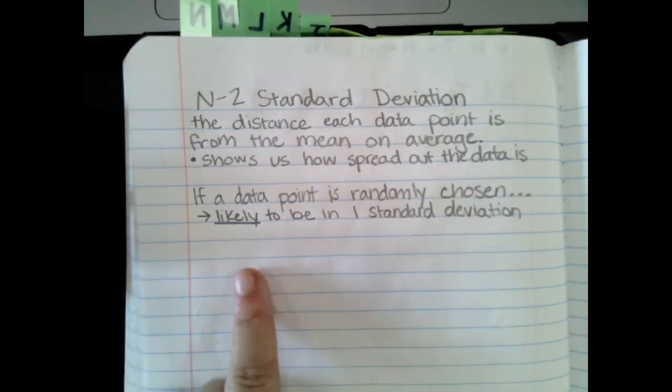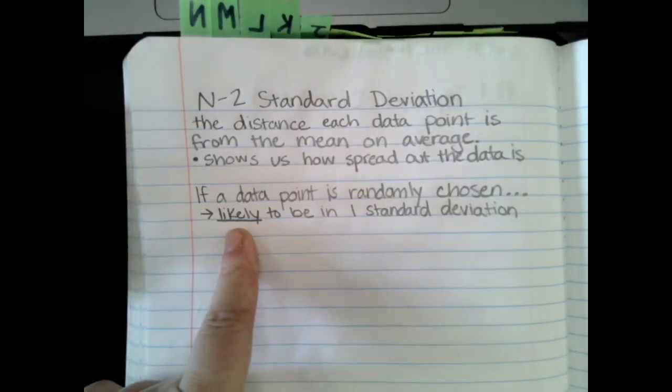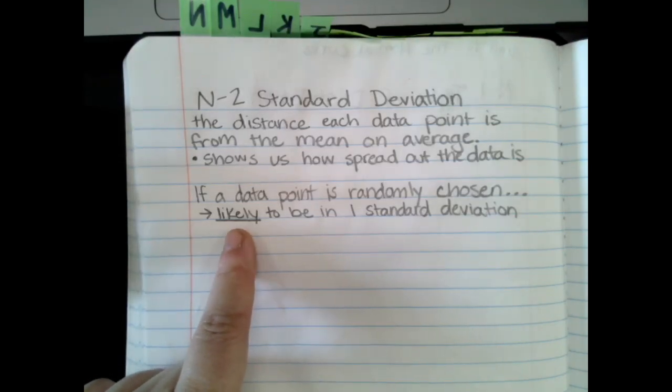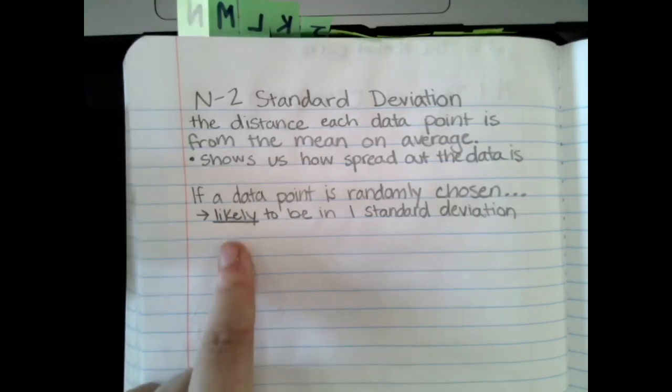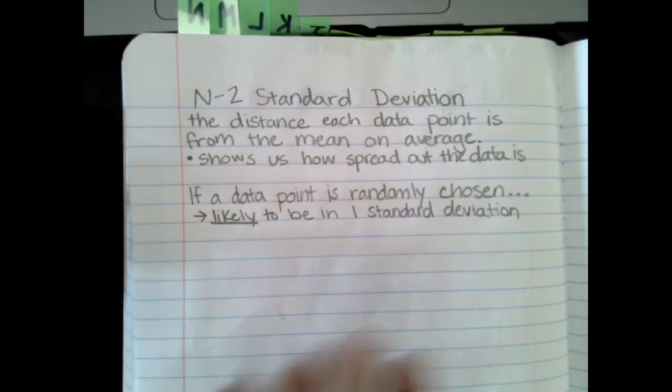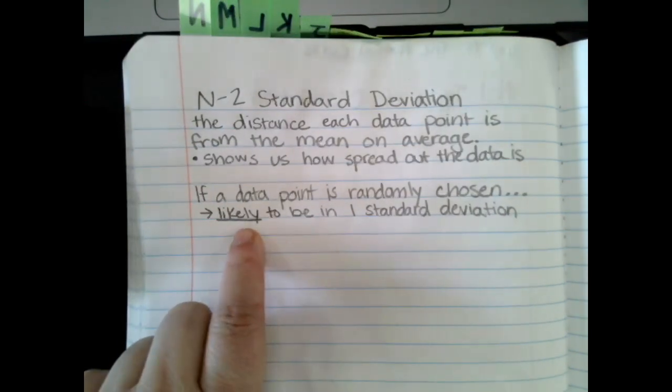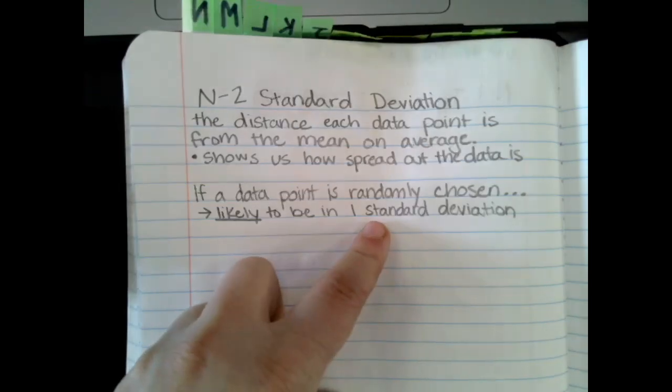Remember, likely, what percent was likely? How much did it have to be at least? 50, yeah. So it had to be at least 50%. It was the majority. So the majority of our data has to be within one standard deviation.